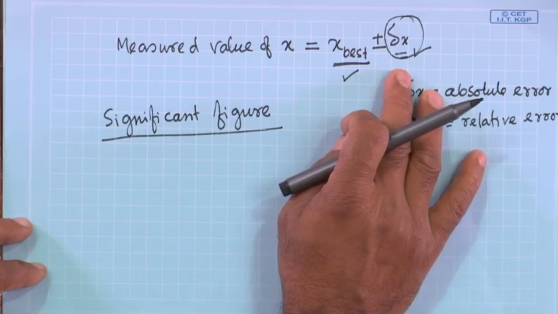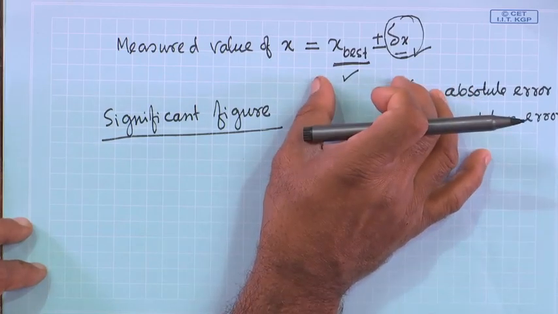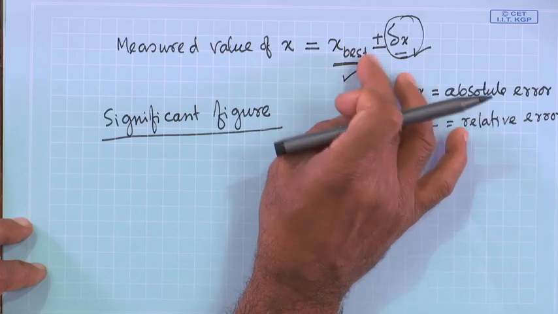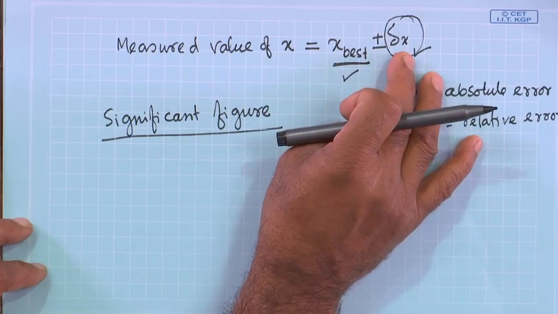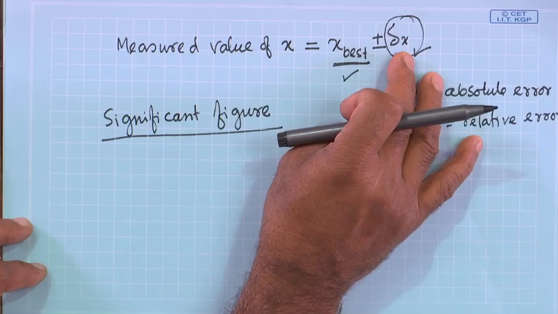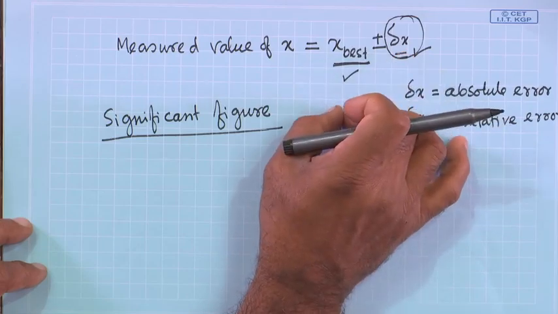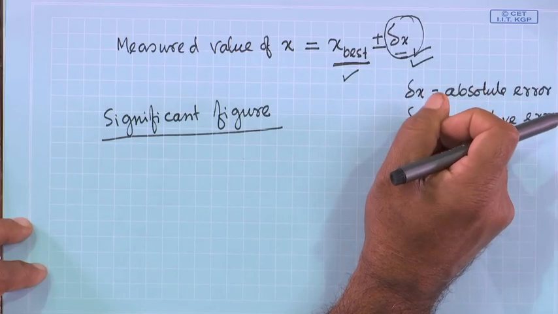So, there should be matching between this x best and this delta x, matching in the sense that how many digits should be there after the decimal point will be decided by seeing this delta x. Okay.